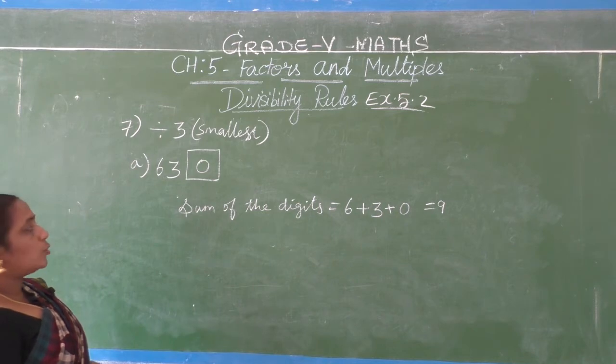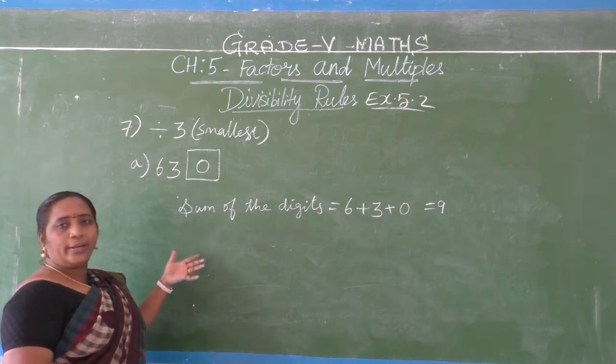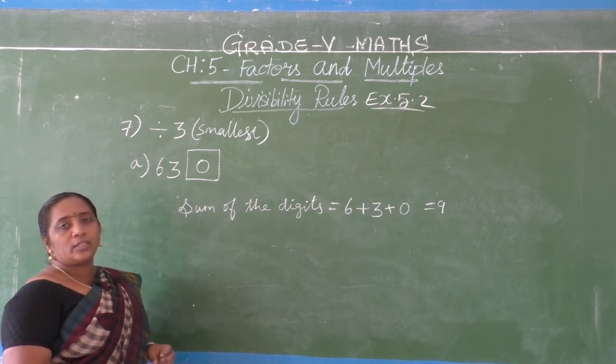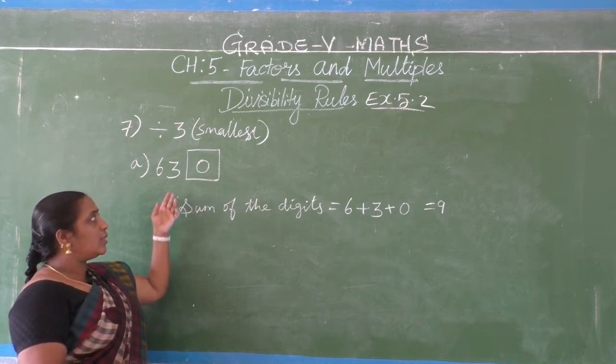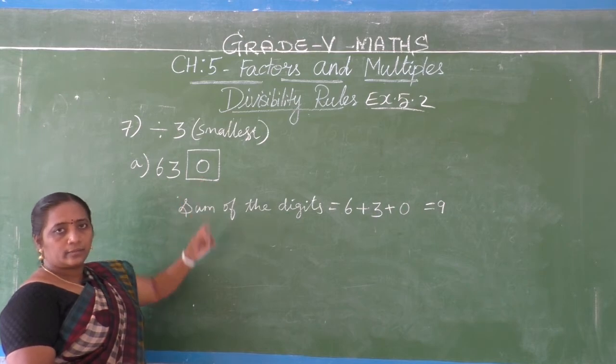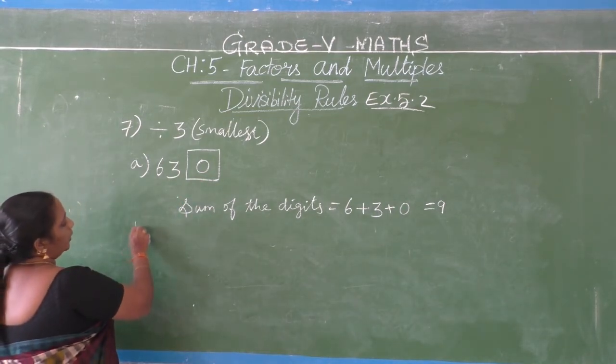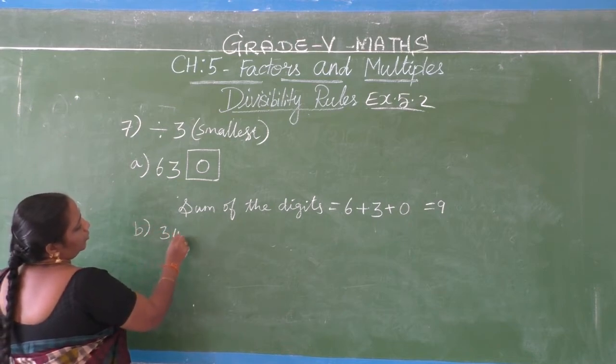Okay? So likewise, there is no need to write this kind of sums in your class work note. You can write in your book itself. It's very easy, one word answer only. Okay, one more sum I will teach you. 345 with a dash.